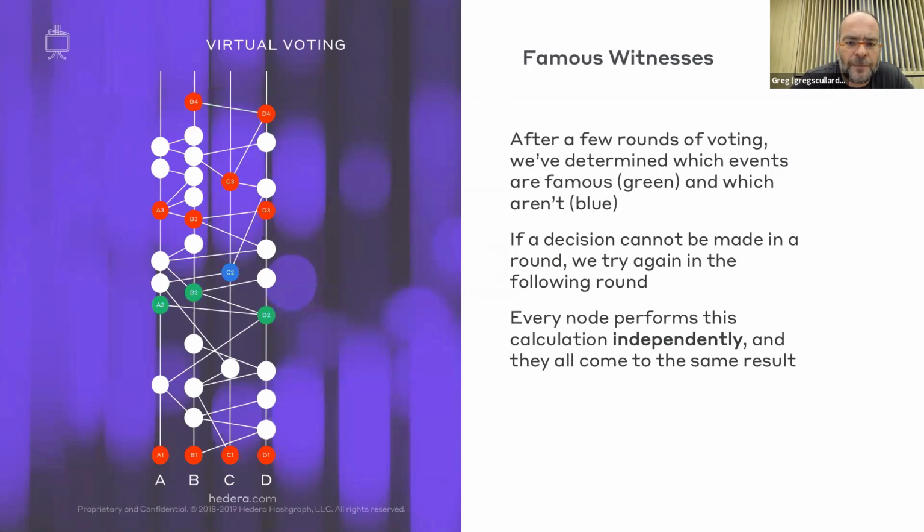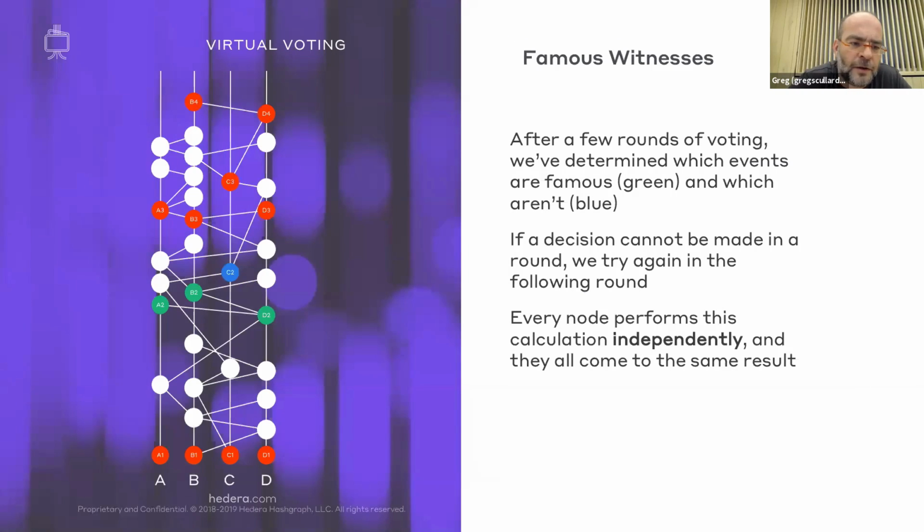Having done this same process for all the witness events and a few rounds of voting, the algorithm determines which events are famous, the green ones, and which aren't, the blue ones. So it's okay for C2 in this case not to be deemed famous yet.